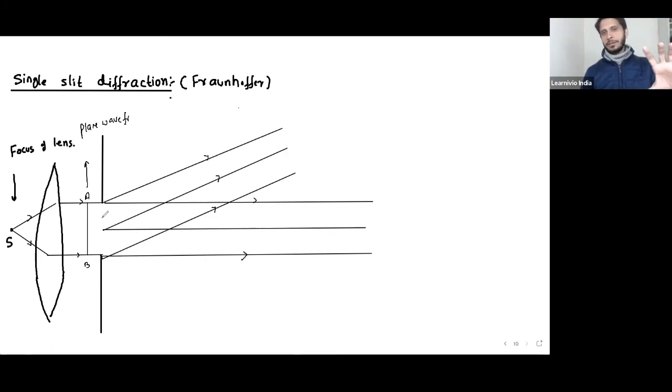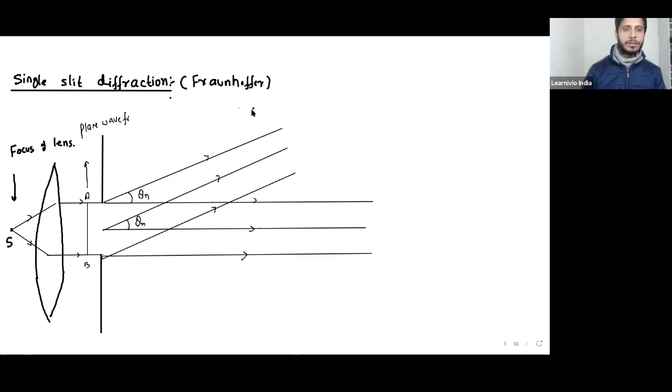When the light waves enter, the size of the slit is comparable to the wavelength, they get bent in random directions. So I'm just taking two directions: one which does not bend, another which is bending at some angle. I call this angle theta, the angle from the original direction. But the issue is these waves will meet at infinity because they are parallel.